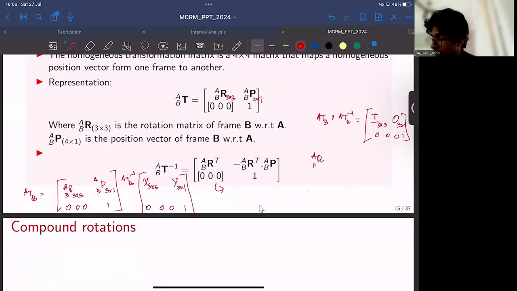So if you combine all these things, you will get two expressions. The rotation matrix multiplied by this x would be an identity matrix. I would call this equation 1.